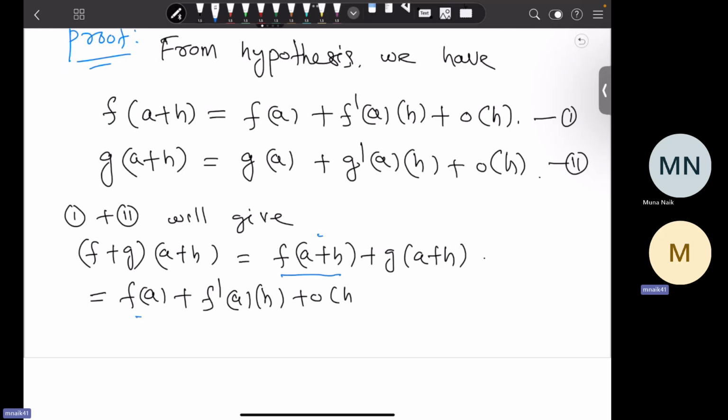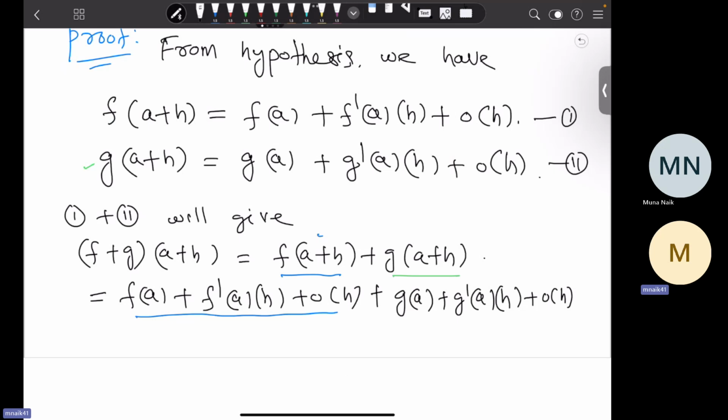And g of a plus h is g of a plus g prime of a applied to h plus little o of h. If we add these, we use the fact that little o of h plus little o of h is again little o of h.